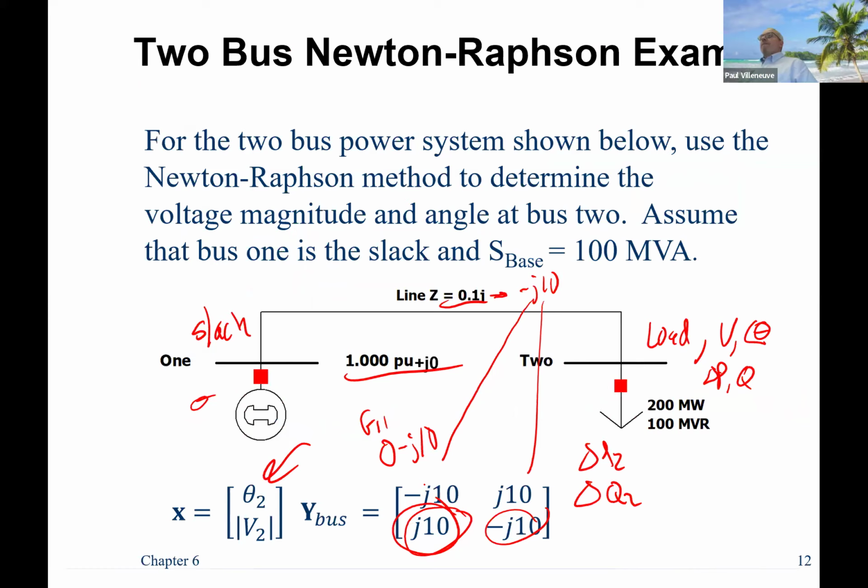Remember, to build the Y bus, to solve for the self admittances, we sum all the admittances together. To get the off diagonals, we have to take the negative of the admittance, right? So the negative J10 becomes a positive J10 because we took the negative of it. Okay?